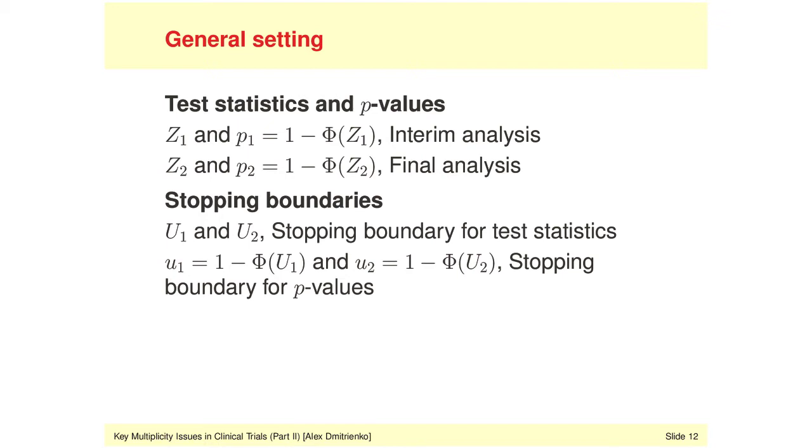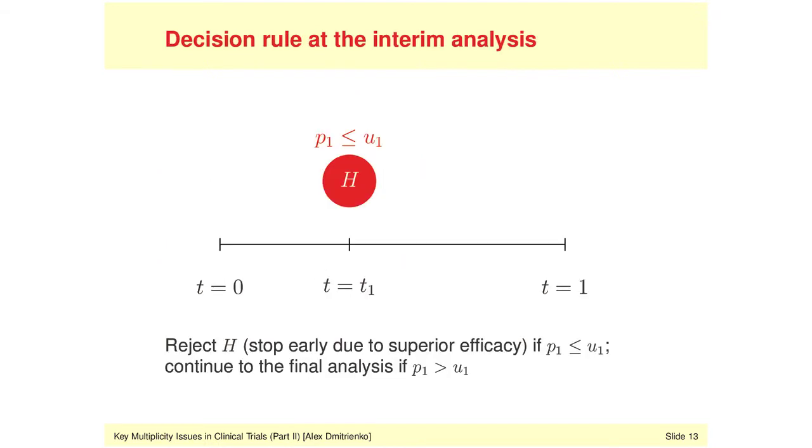So returning to the diagram with the information axis, here is the simple rule that will be applied in traditional group sequential trials to determine whether or not there is enough evidence to reject the null hypothesis of interest at the interim analysis. The decision rule is quite straightforward.